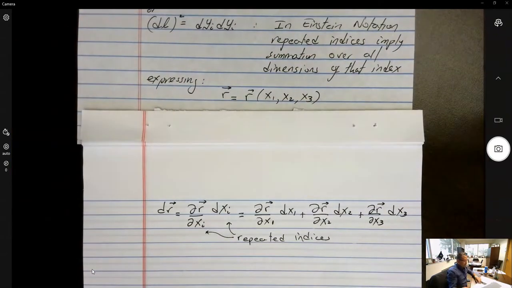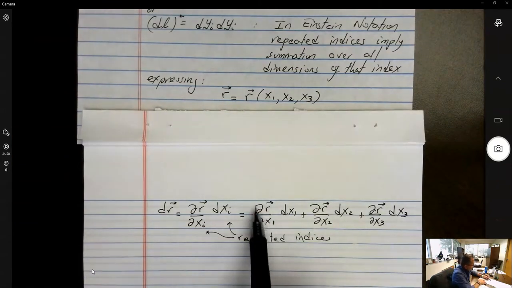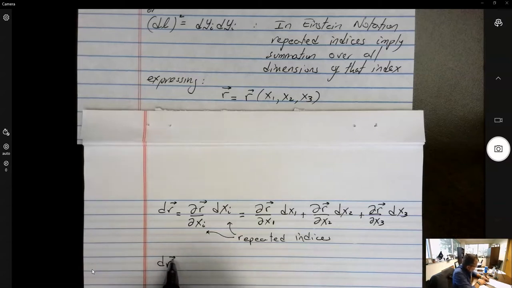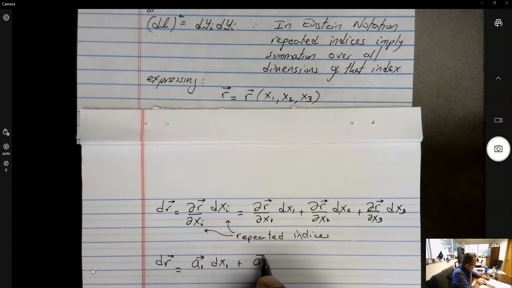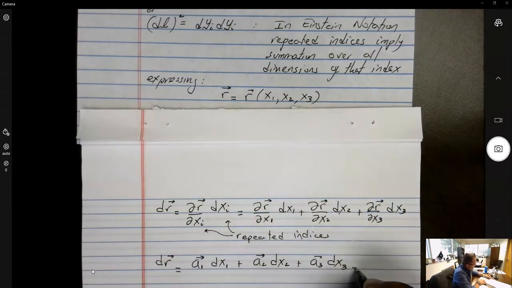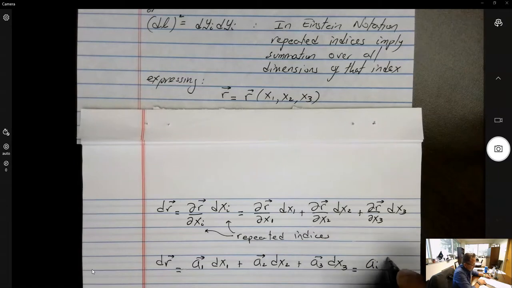All right. So if you recognize each of these terms right here, these are the tangent vectors, not the e's but the a's, not the unit ones but the full ones. So the differential of the position vector expressed in curvilinear coordinates is a1 times dx1 plus a2 times dx2 plus a3 times dx3, again, which is simply ai dxi.